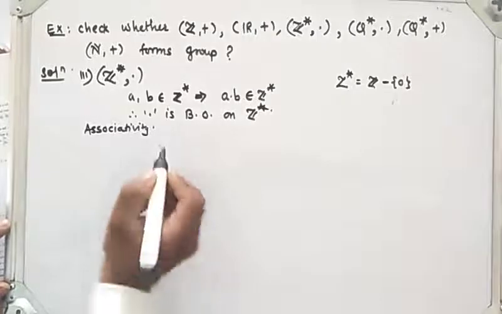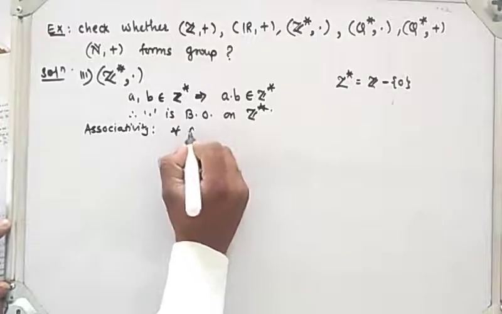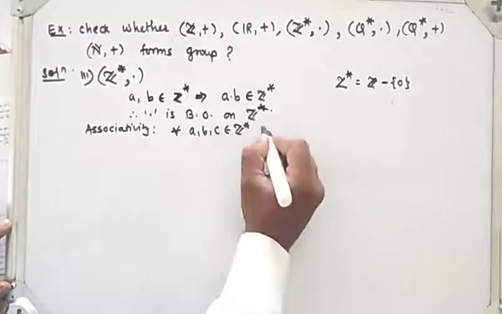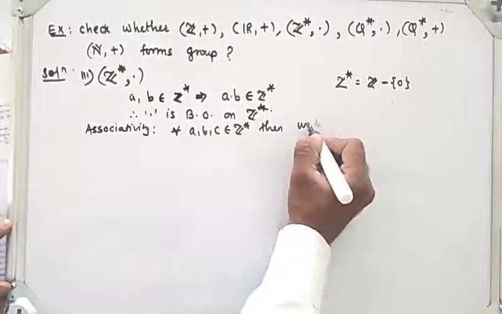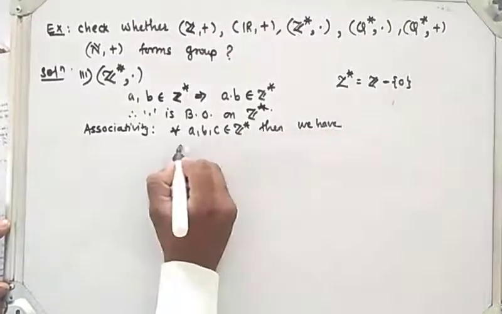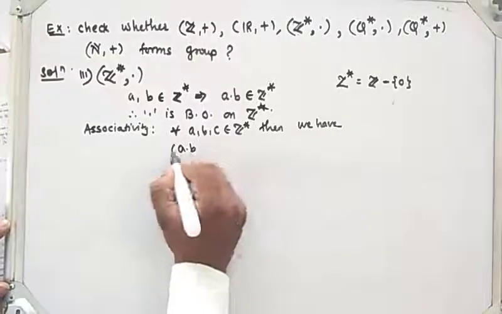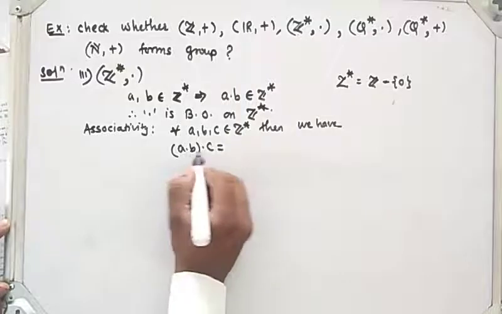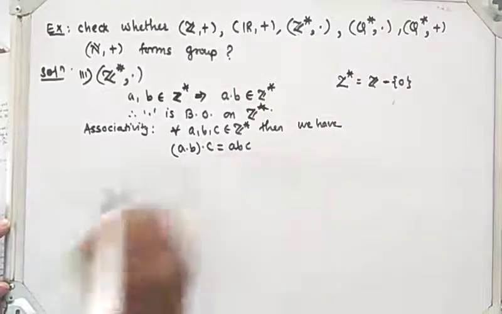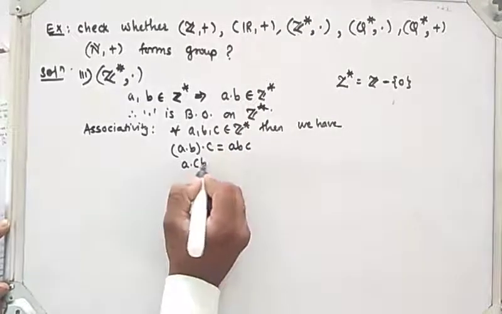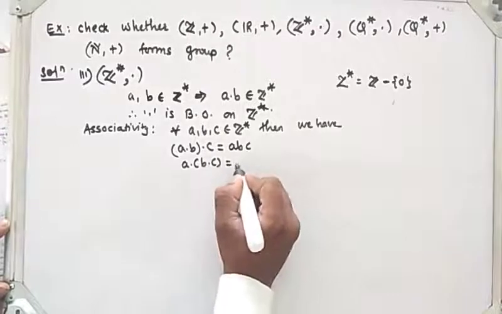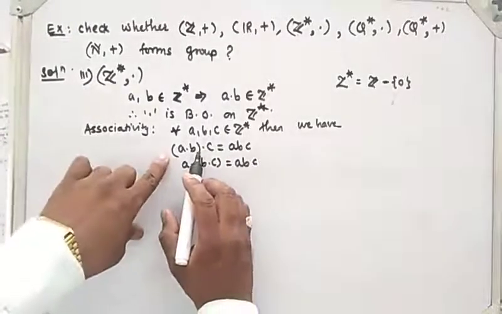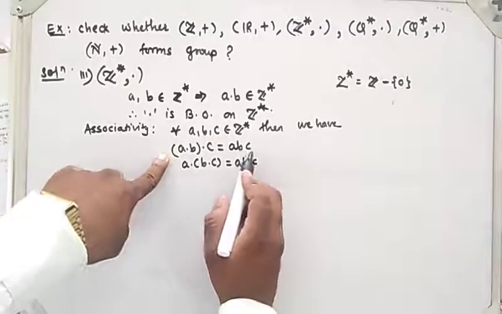We know that for associativity, for all a, b, c belonging to Z star, we have (a · b) · c equal to a · (b · c). With usual multiplication, (a·b)·c has value a into b into c, and a·(b·c) also has value a into b into c.